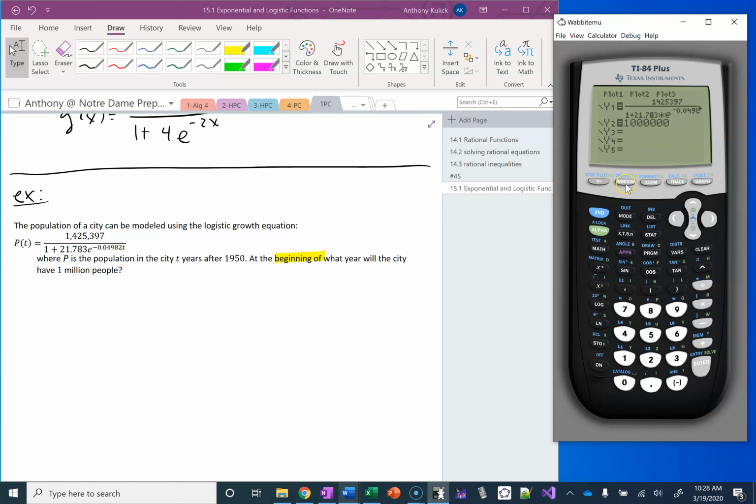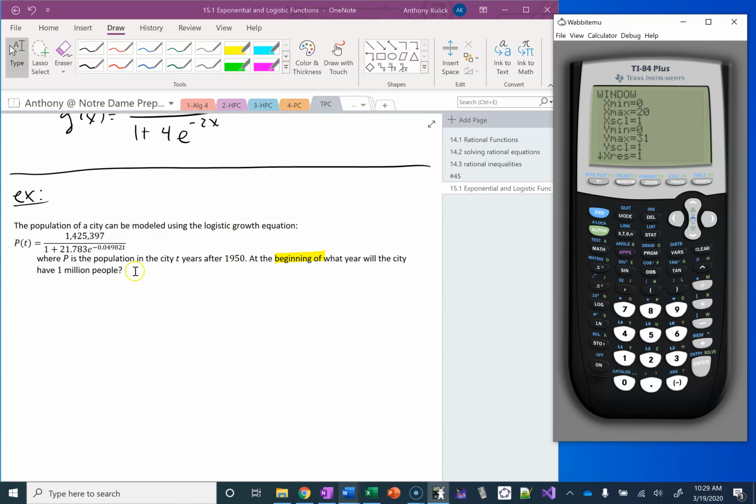Okay. Now, before we do this, we're going to have to reset our window, because remember, we typically have to do this each time we want to solve by graphing. So again, the x is going to represent the t in my equation, which is the time. The minimum time we can have is 0, and then we want the years after 1950.